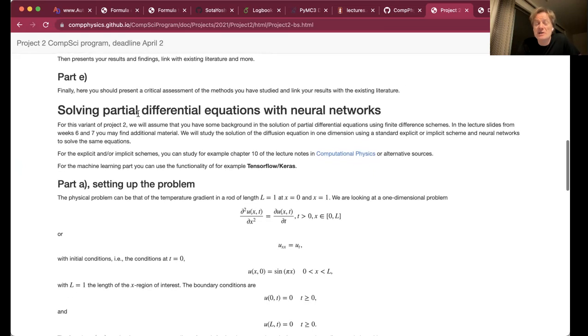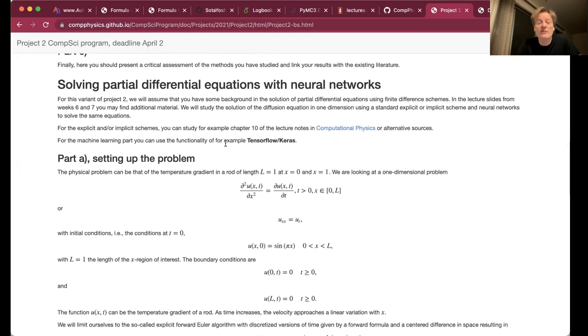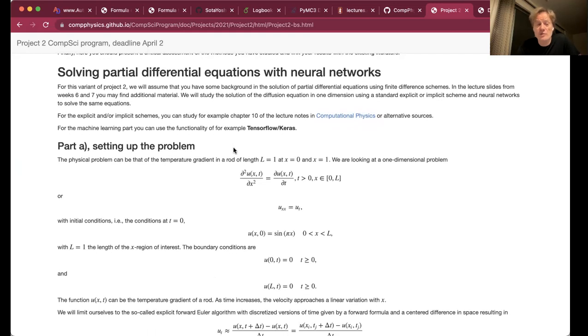The exercise, or the type of project which we propose for those of you interested in differential equations, is actually to solve the standard diffusion equation, which we will discuss a little bit more in detail today. Just to remind you of some of the basic methods which are used to solve it.